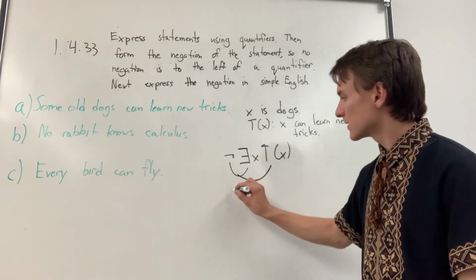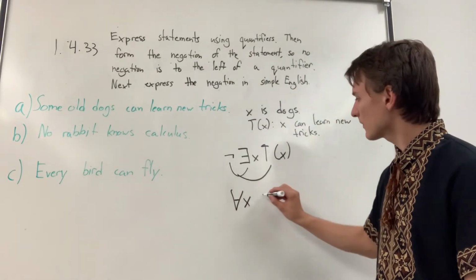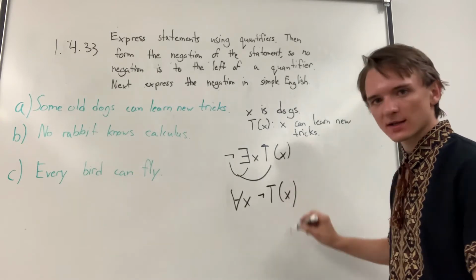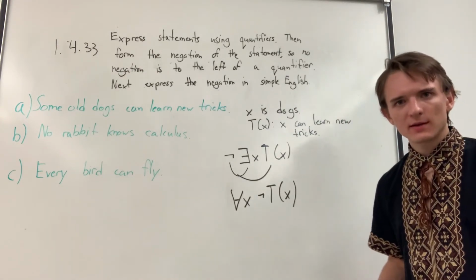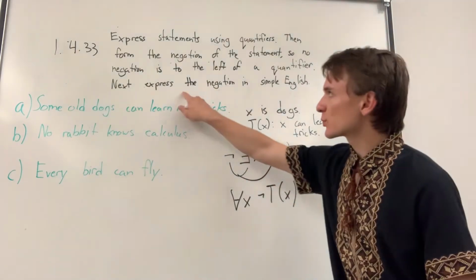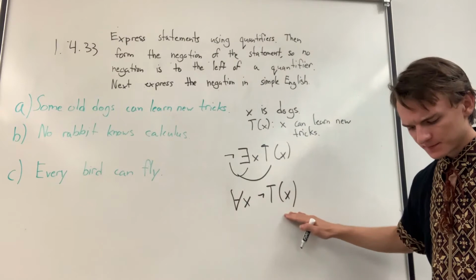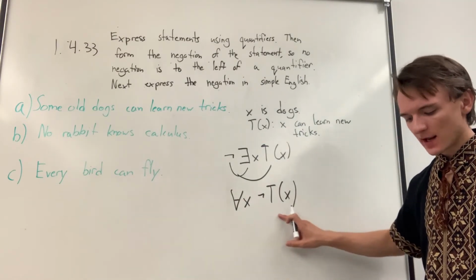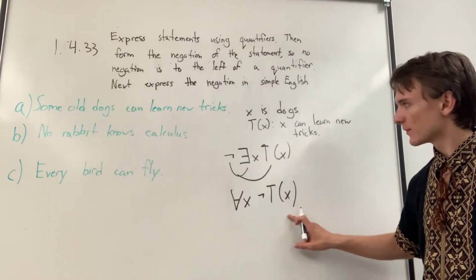What we get is, for all x, the negation of T of x. And how would this read in English? It wants us to express the negation in simple English. Well, it would read like this: every old dog is unable to learn new tricks.